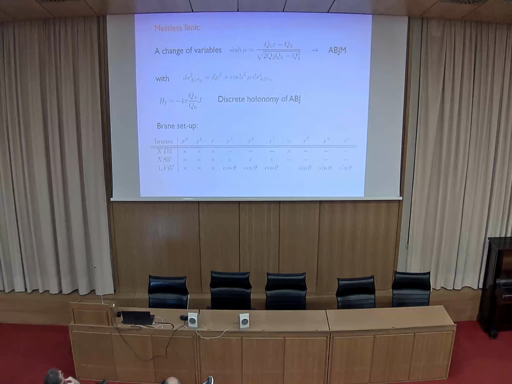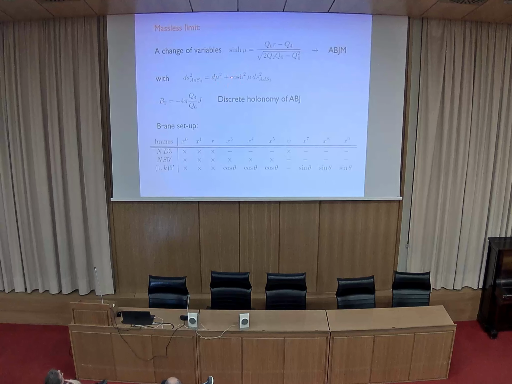So in order to understand what the CP3 is doing, how it's complicating this naive Hanany setup that I was proposing, we took the massless limit and see what happens in this case when you remove the D8 branes. It turns out that in this case, this gives you simply ABJM. You remove the D8 branes, make a nice and simple change of coordinates to a new non-compact direction mu, and it turns out that this is what you build out of the AdS3 and the R part that is now mu.